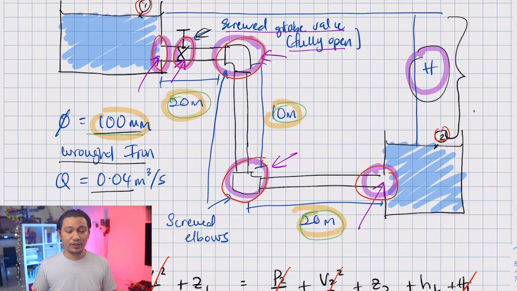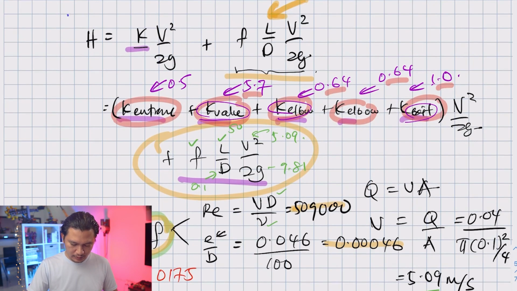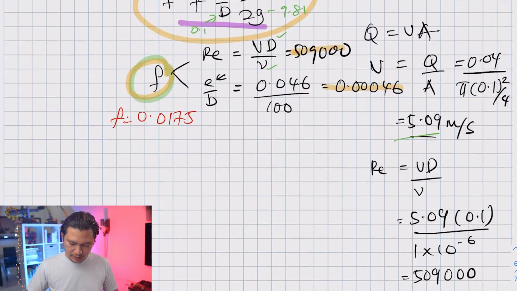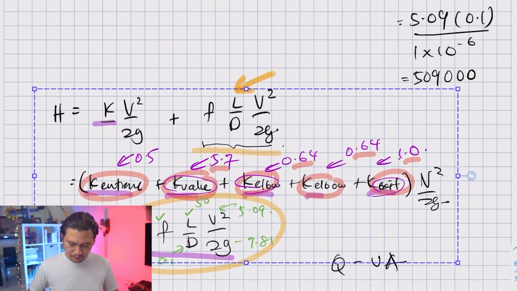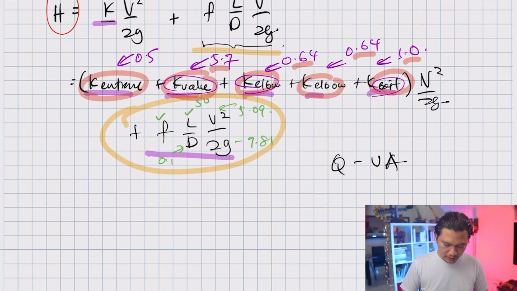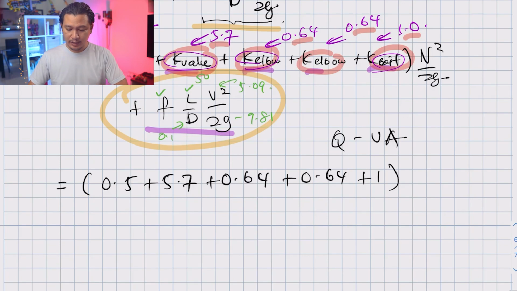Right now, I think we have everything we need to solve this equation. Let's just go and plug in the numbers. Because this is so messy, I'm going to copy everything and put it here. Now we know that we need H. So H is equal to 0.5 plus 5.7 plus 0.64 plus 0.64 plus 1, times velocity square divided by 2g.